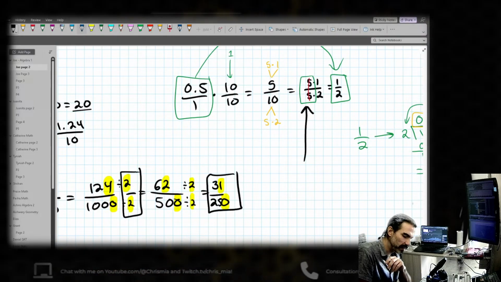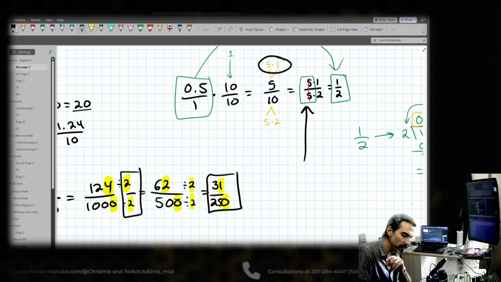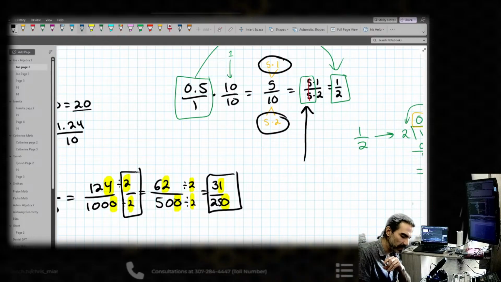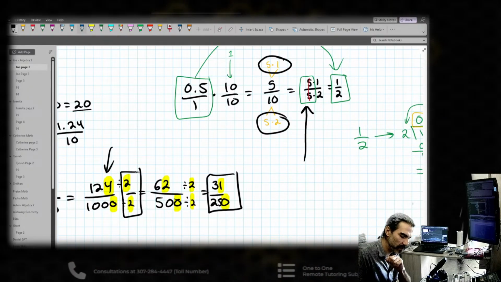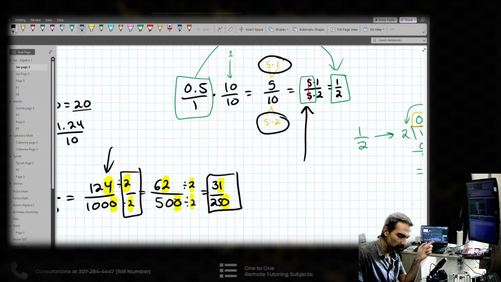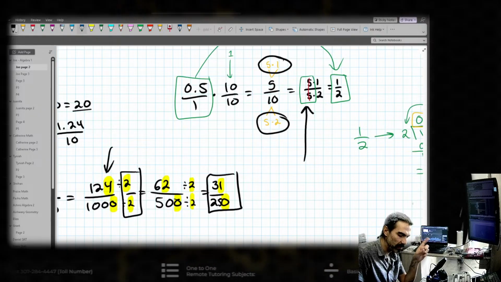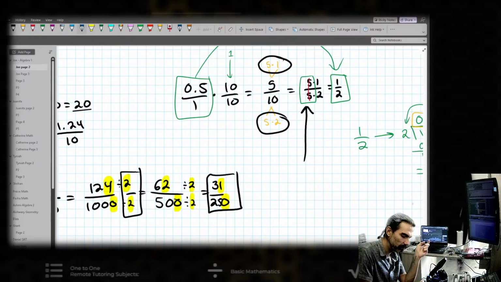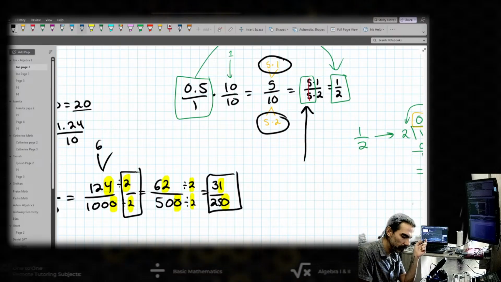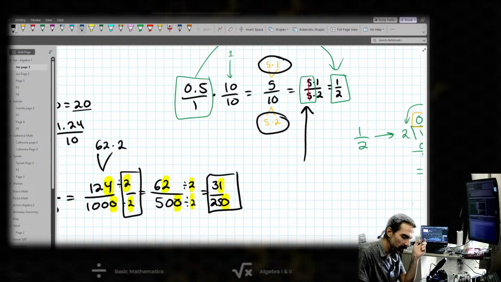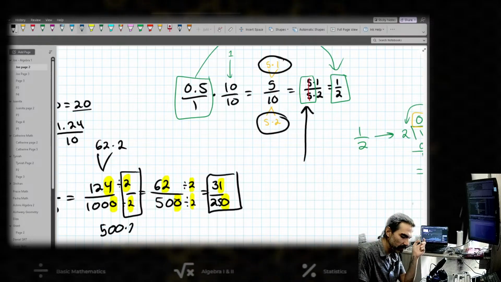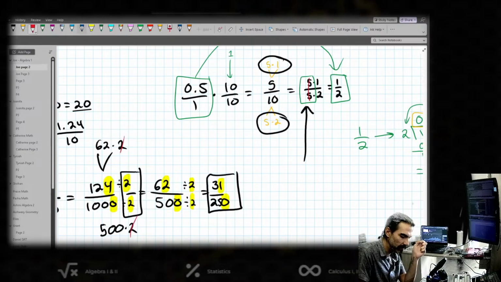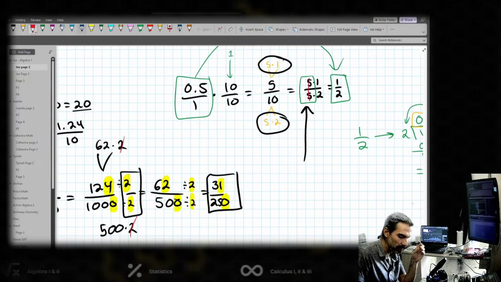Over here, I made apparent that 5 times 1 is 5 and 5 times 2 is 10, but I didn't do that here with 124. I could have said 124, split it into 62 times 2 and 1,000. And then 1,000 is 500 times 2. And then if I didn't have all this extra stuff, then the 2's will cancel, which still gives us 62 over 500 for the next case.